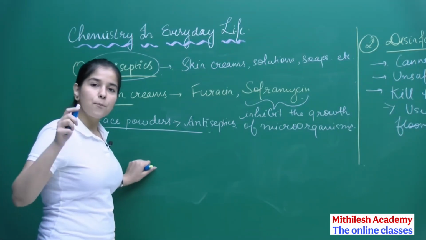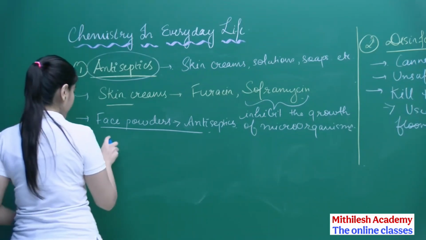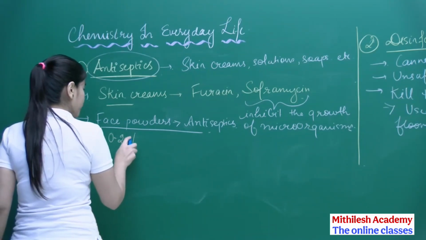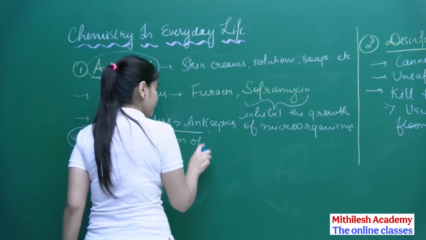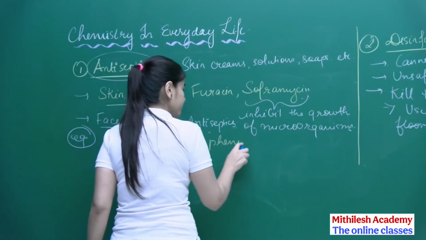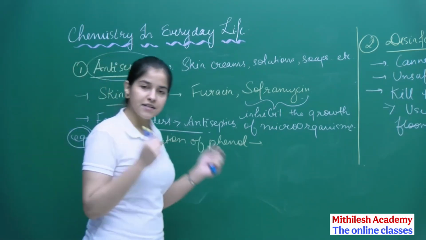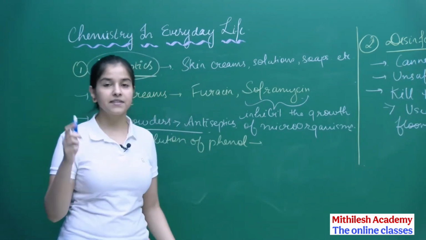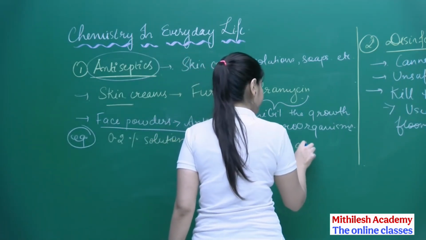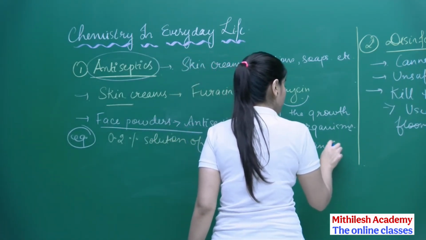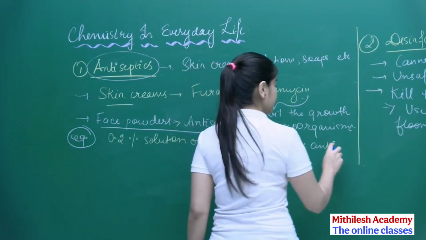If I take a 0.2% solution of phenol, this now acts as an antiseptic. It can be used as an antiseptic. It has killing properties, or I can say it inhibits the growth of bacteria. So, antiseptic properties.